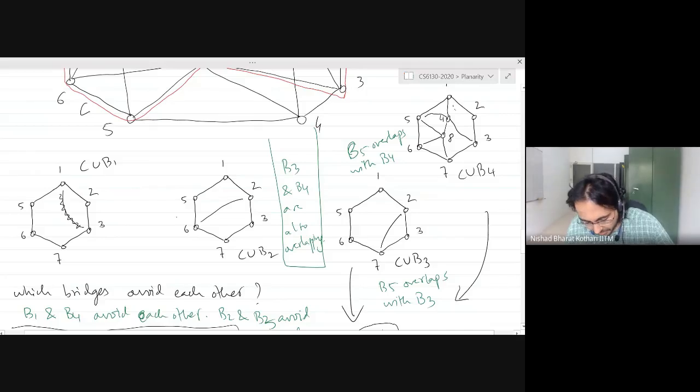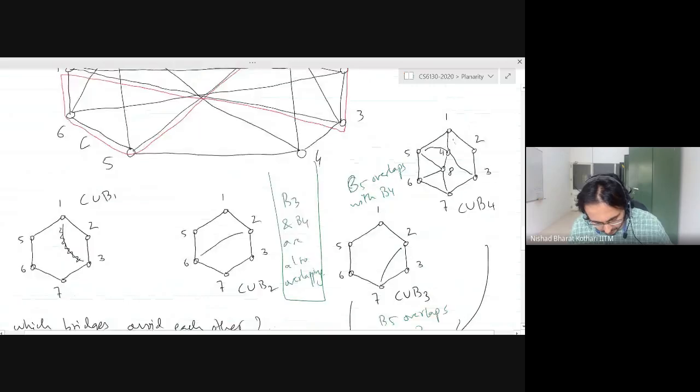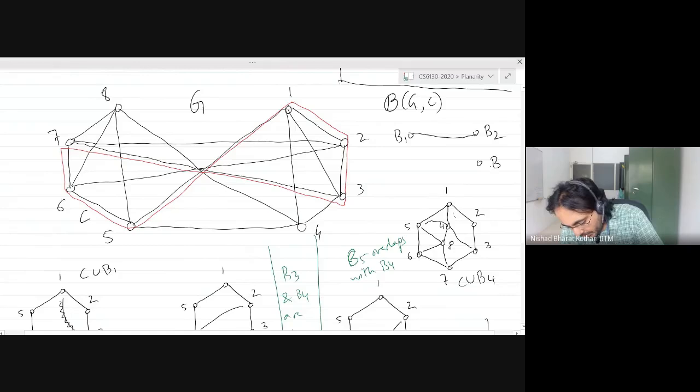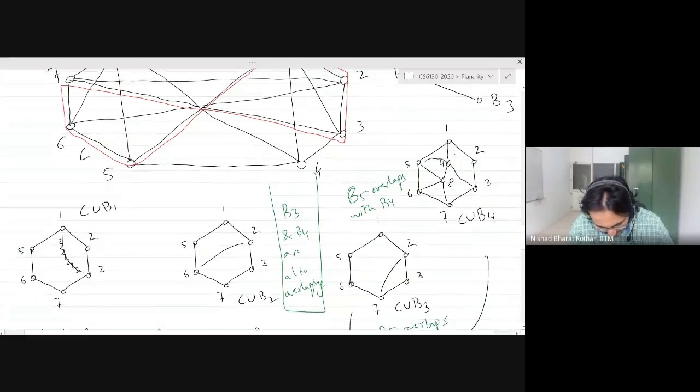What about B2 and B3? Do they overlap? B2 and B3 actually don't overlap, but B1 and B3 overlap. Notice that B1 is 1-3 and B3 is 2-7. They overlap as well.